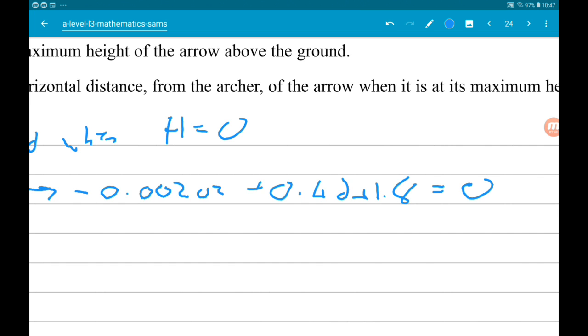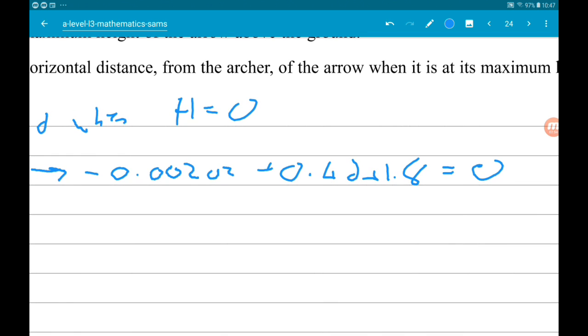Okay, lovely. So, first of all, I'm going to multiply through by minus 1 to get a positive d squared term. So, we're going to get 0.002d squared minus 0.4d minus 1.8 is equal to 0.